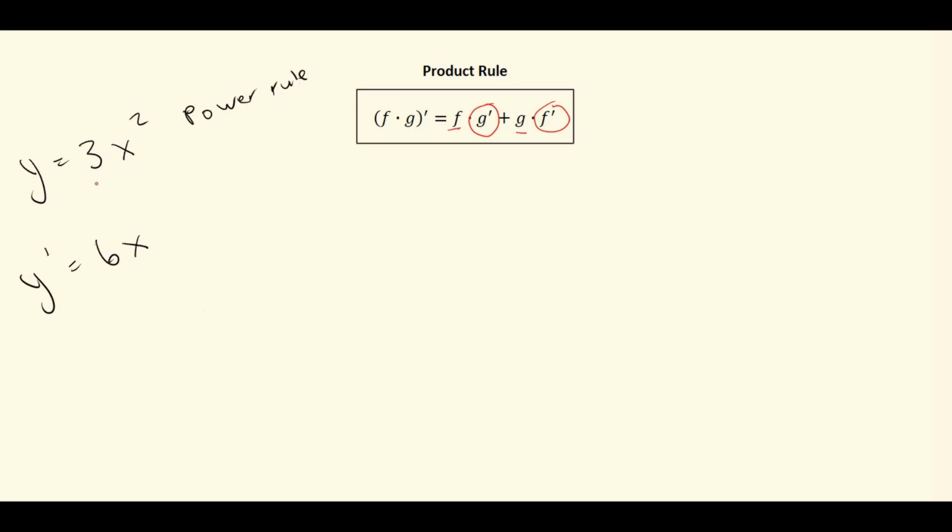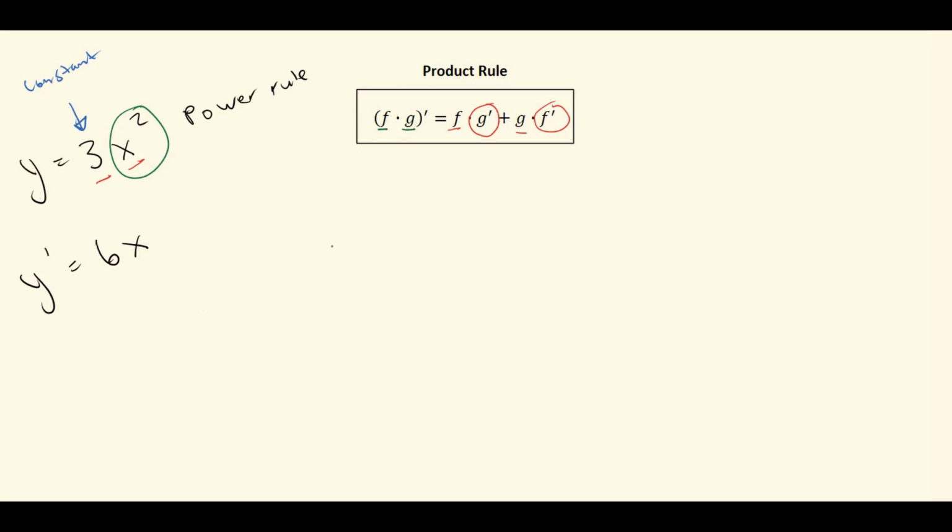Here we do have a product of two things. We have 3 times x squared, but the difference is that in these cases we had a constant multiplied by a function. But the definition of the product rule is defined for when we have a function times a function.